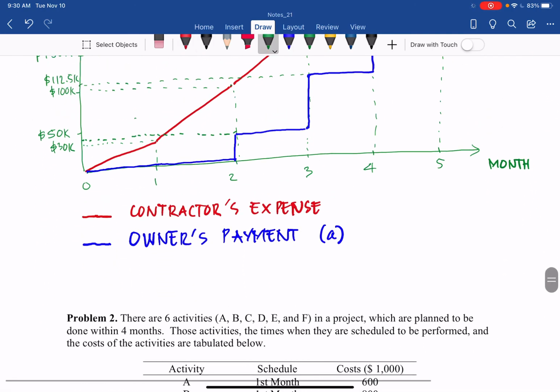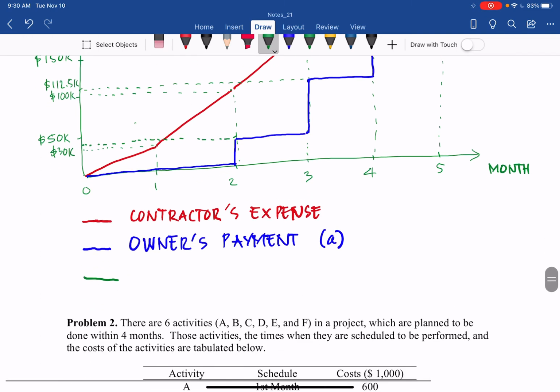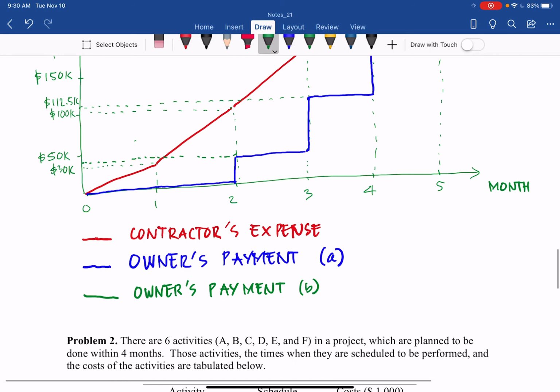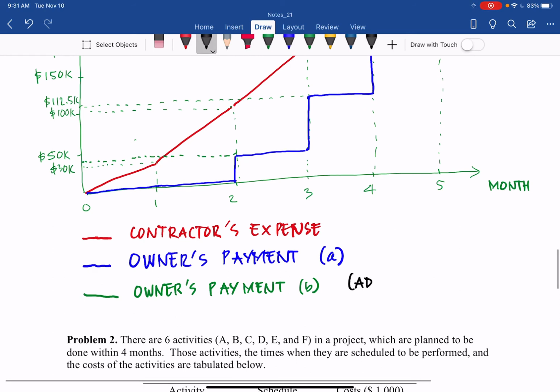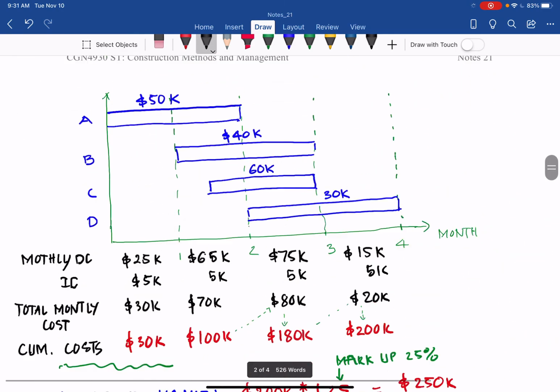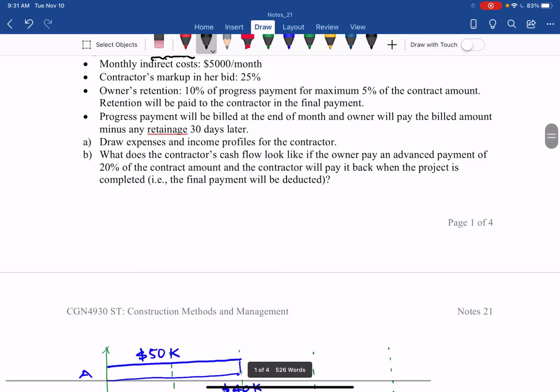So let me draw the line here. This is the owner's payment in the second scenario, part B. And in that case, we can say that is the advance payment.